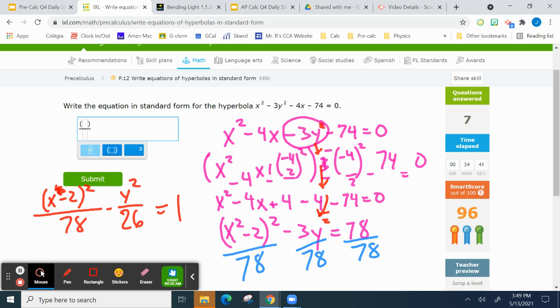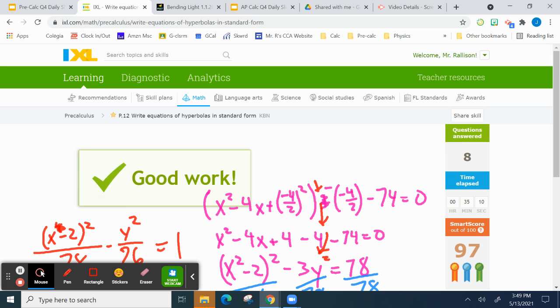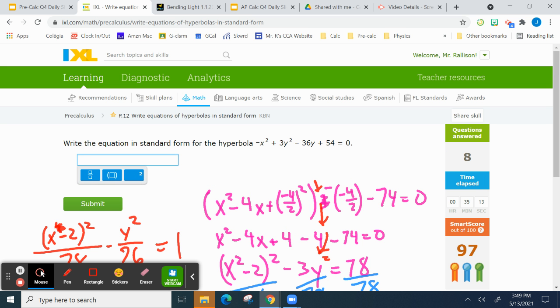So that's going to be x minus 2, and then that's going to be squared, and that's going to be 78, which is weird, but minus, oh, we don't need that, because we got rid of that, didn't we? So that's going to be y squared over 26 equals 1. Boom.